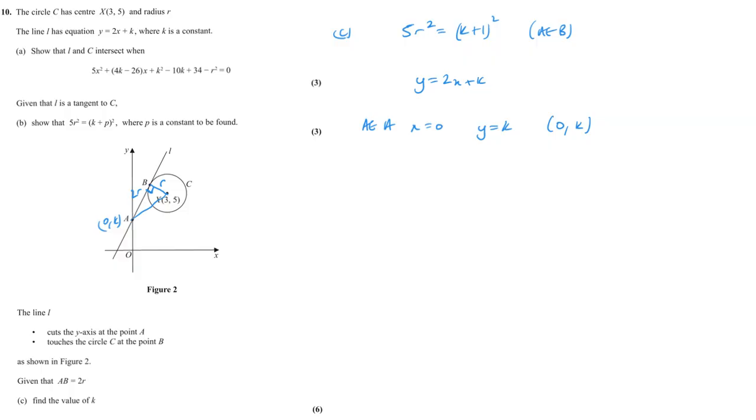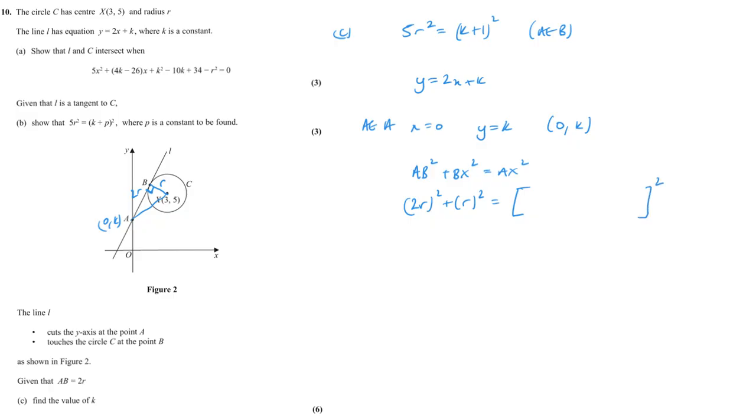So that would be AB squared plus BX squared equals AX squared, the hypotenuse. So AB squared is 2R squared. BX squared is just R squared. And AX is, right, so I'll do squared brackets here. Squared.